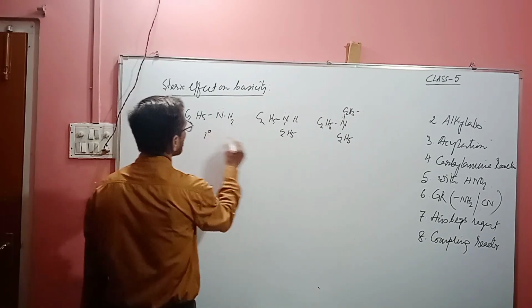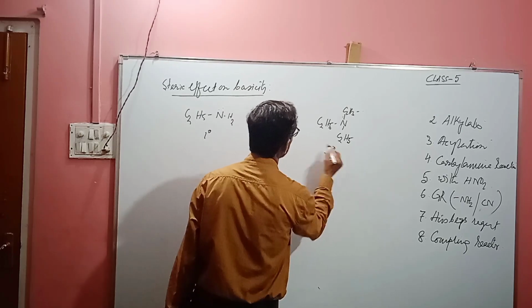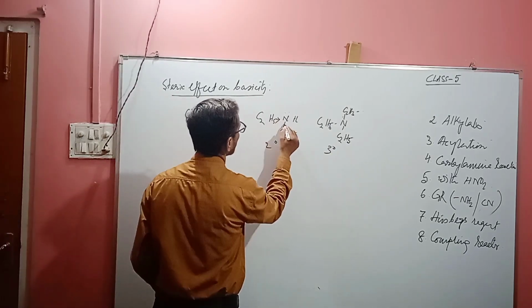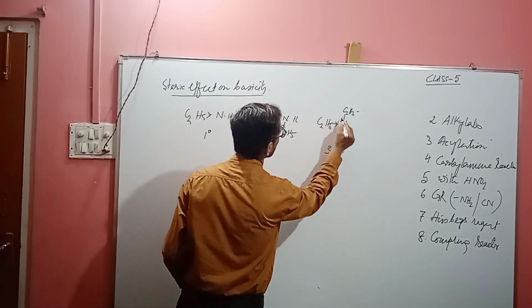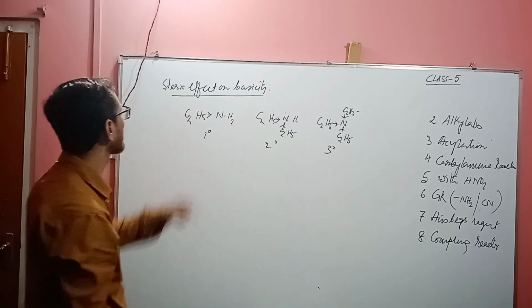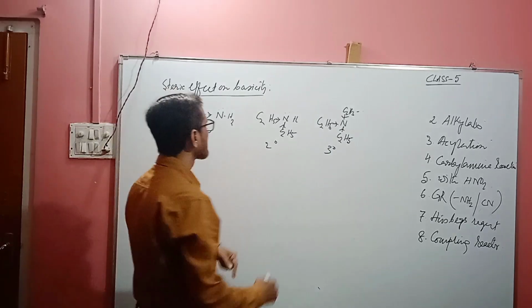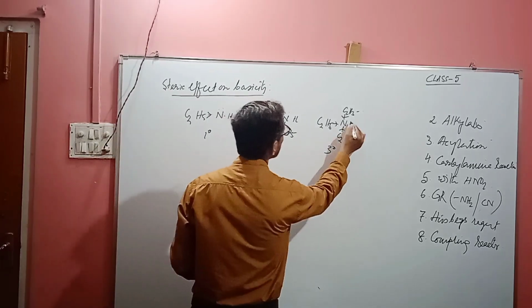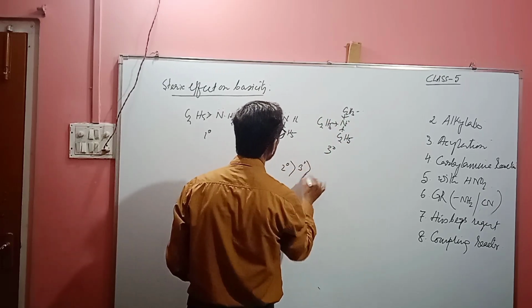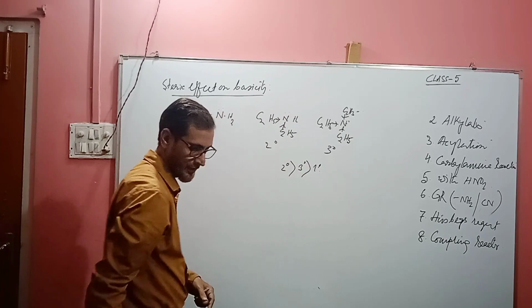So this is 1 degree, this is 2 degree, this is 3 degree. As a rule, the more the plus I effect, the more the basicity, but due to the steric effect of the bulky C2H5 group, 3 degree will not be as basic; 2 degree will be higher than 3 degree, than 1 degree.